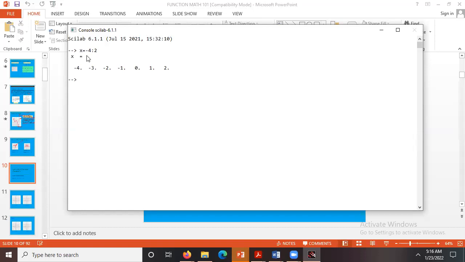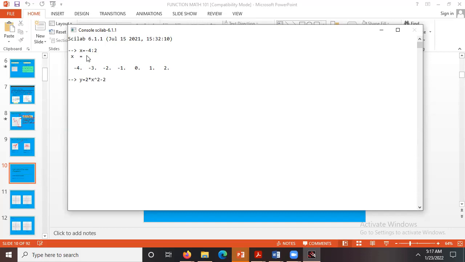Now my function, f of x, is defined as y, because we know f of x equals y. So y equals 2 times x raised to the power 2 minus 2, where multiplication is star.